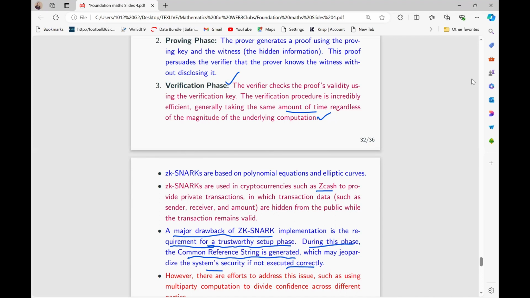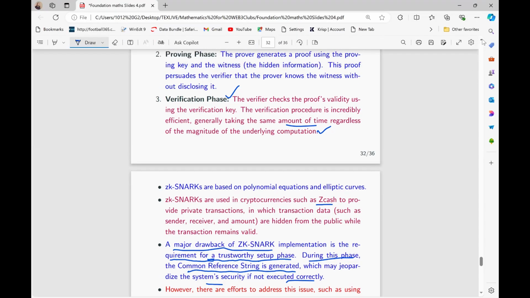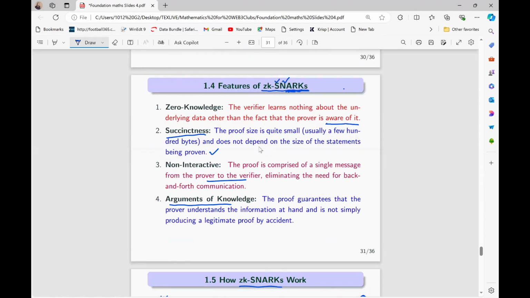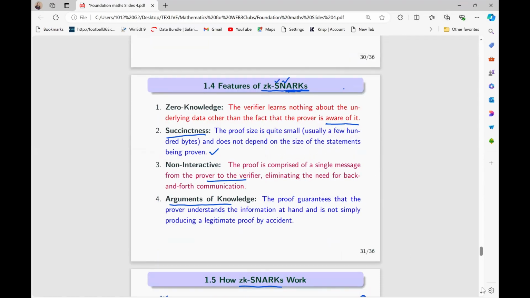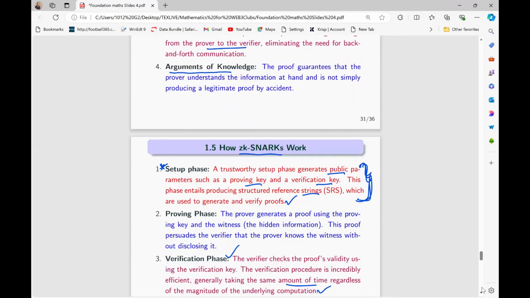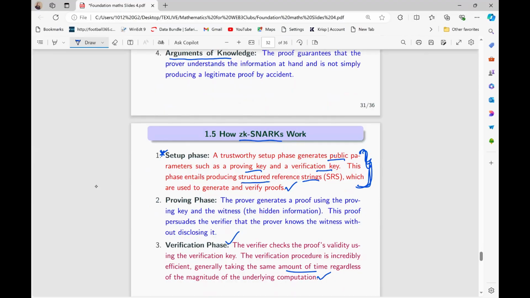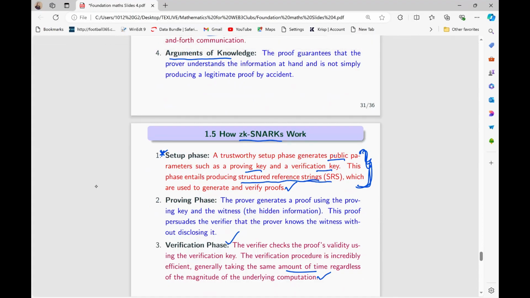What was it for? Just go back there. This phase entails producing structured reference strings which are used to generate and verify proofs.